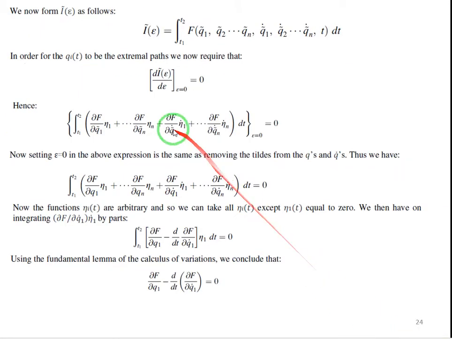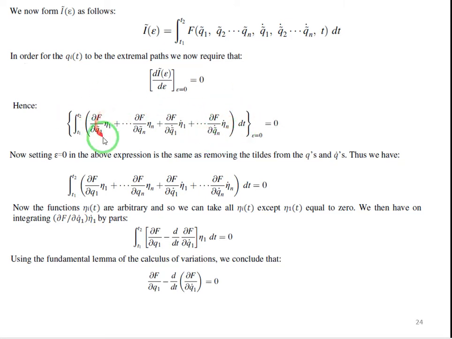So we can easily say that the partial derivative of q tilde dot i with respect to epsilon is equal to eta dot i. So we can say the partial derivative of f with respect to q tilde dot 1 multiplied by eta dot 1, and so on.